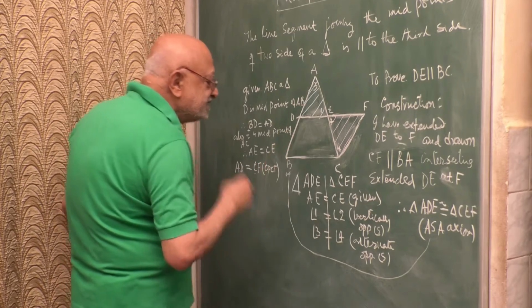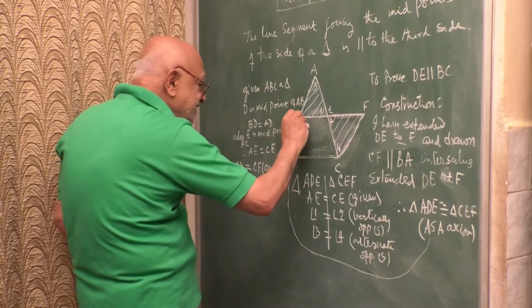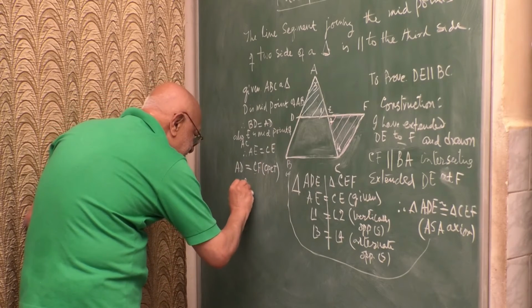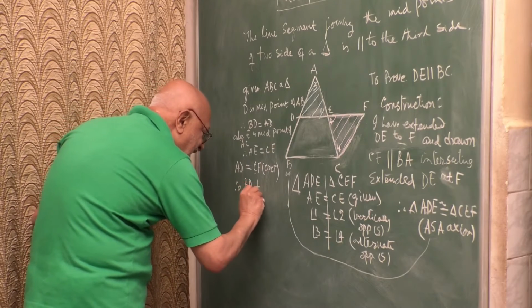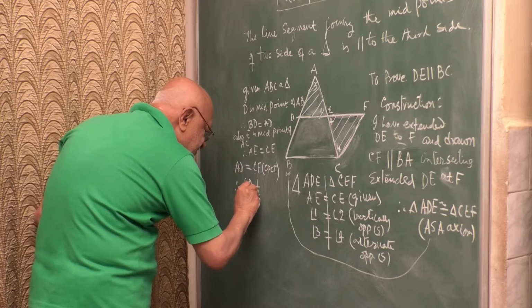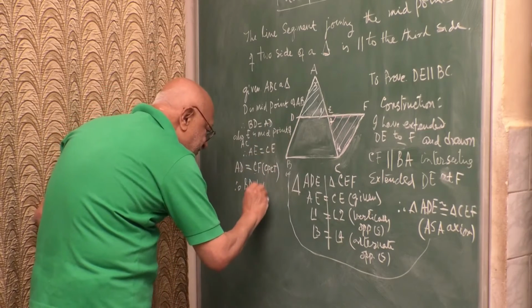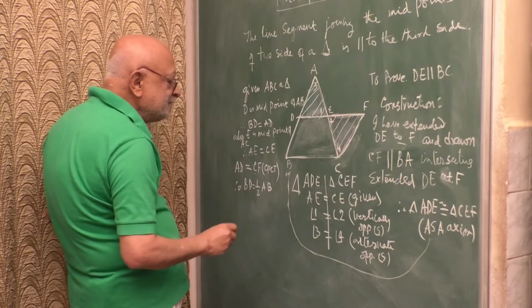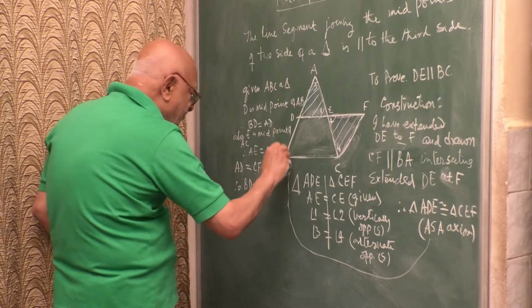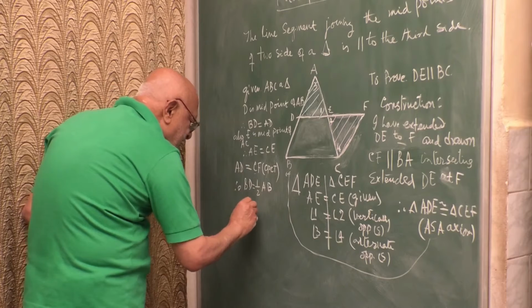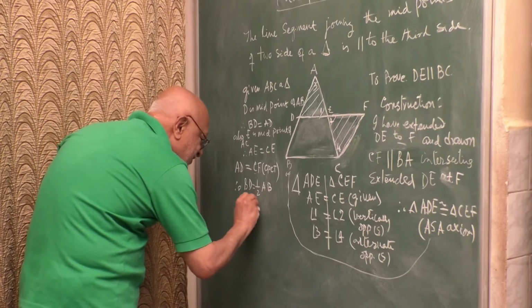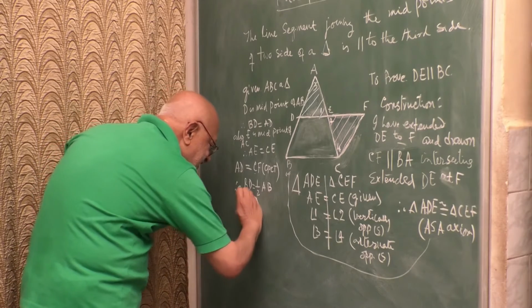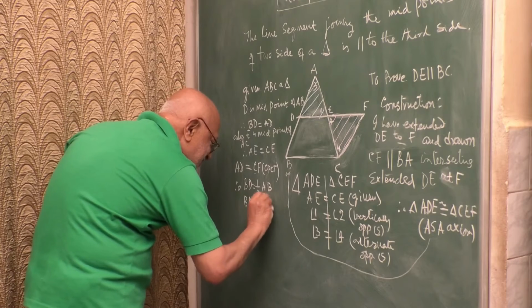So BD, which is half of AB, is also equal to CF.